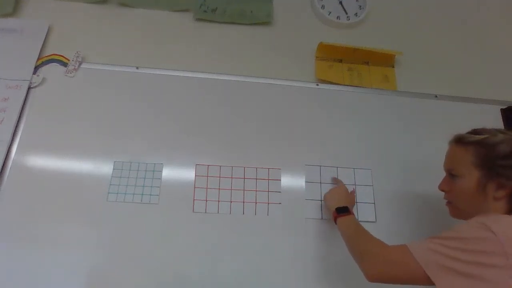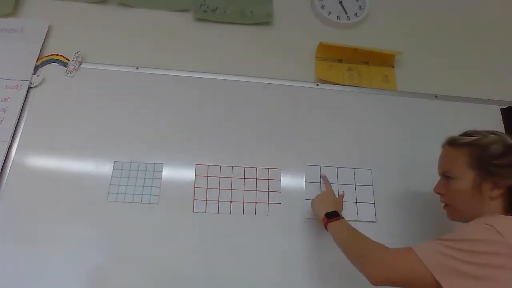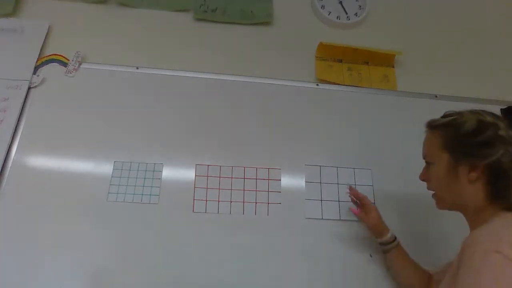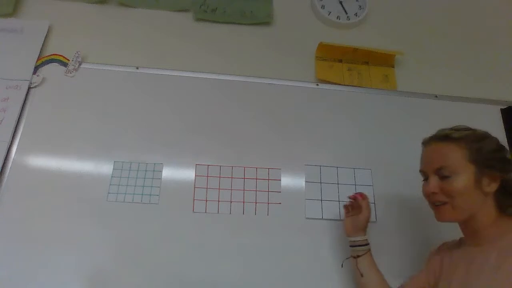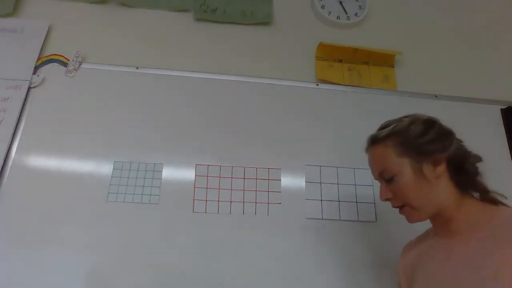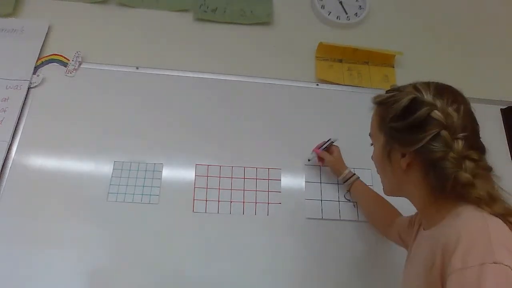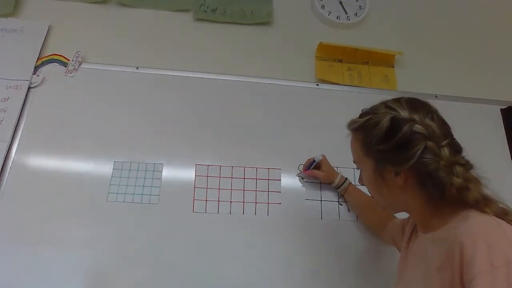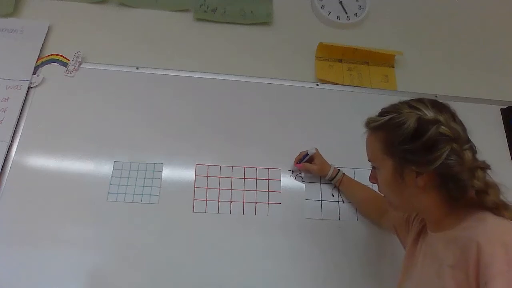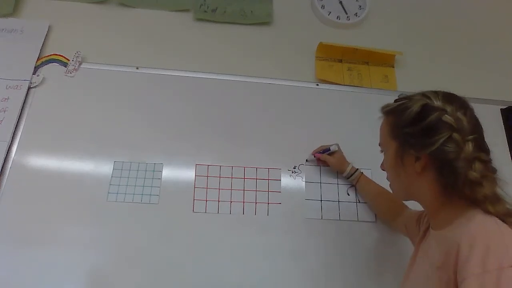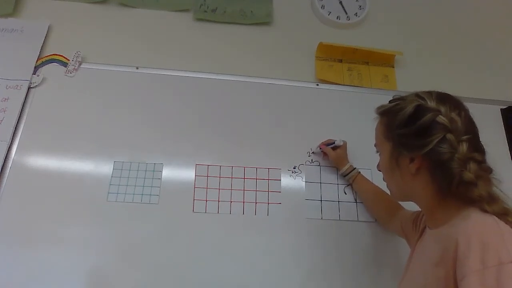So it is 1, 2, 3, 4 square units by 1, 2, 3 square units. And we know it tells us that this is 2 1/4 inches and this one's 2 1/4 inches.